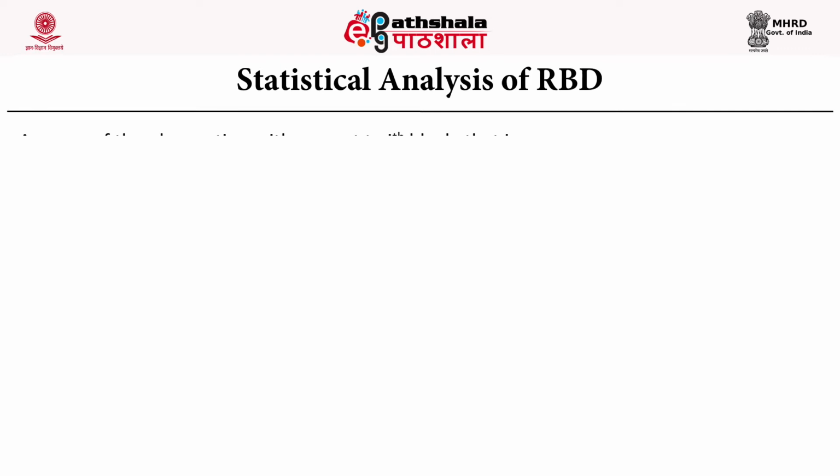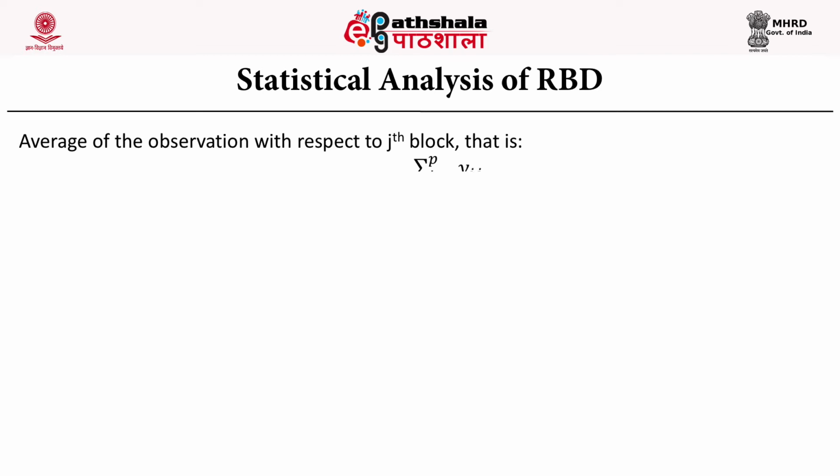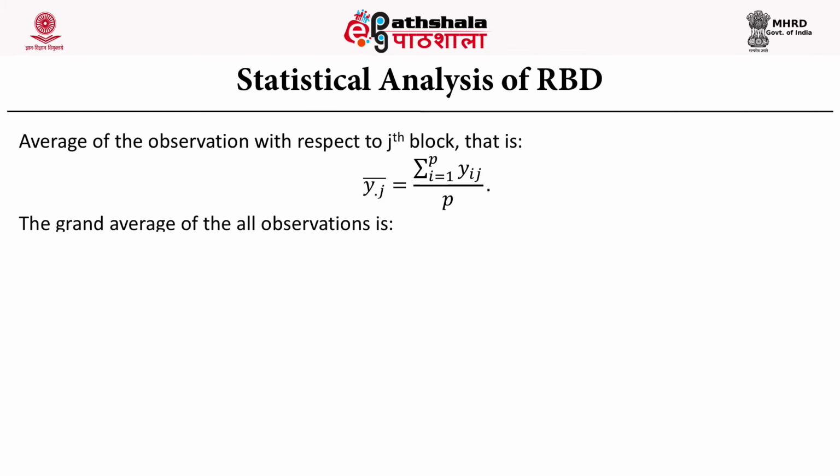The average of the observations with respect to the jth block, that is y dot j bar, is equal to the summation of y_ij over i, where i varies from 1 to p, divided by p. The grand average of all the observations is given here as y double dot bar, which is equal to the double summation of y_ij, where i varies from 1 to p and j varies from 1 to q, divided by pq.